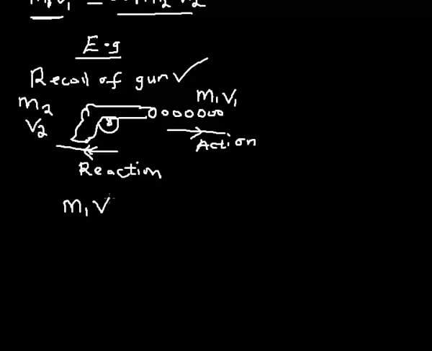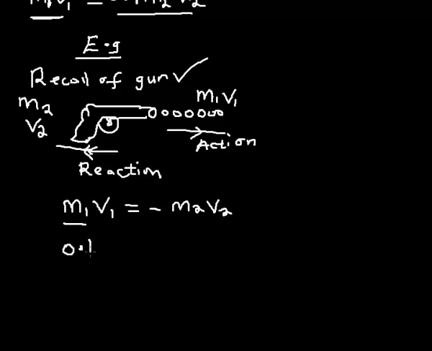According to the law of conservation of linear momentum, m1 v1 is equal to minus m2 v2.